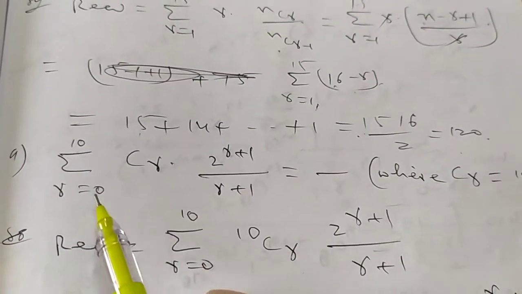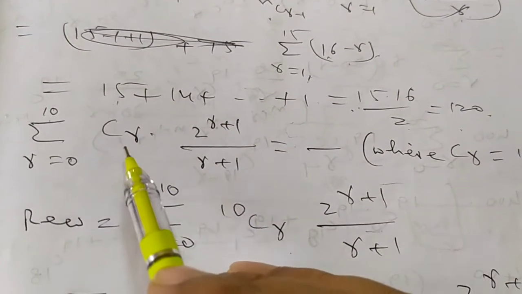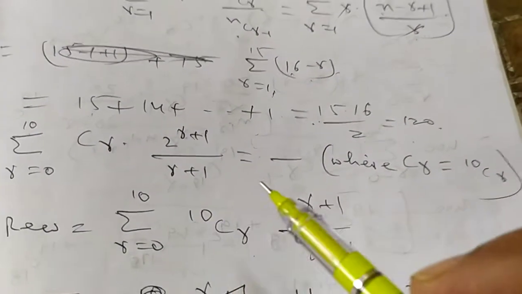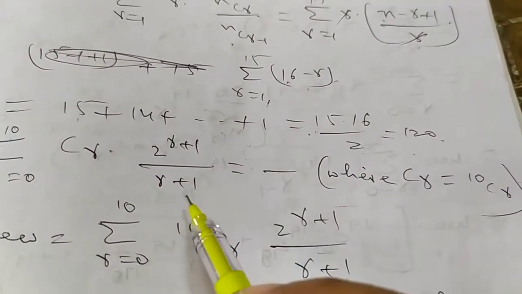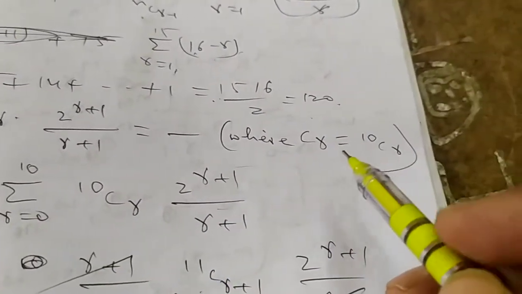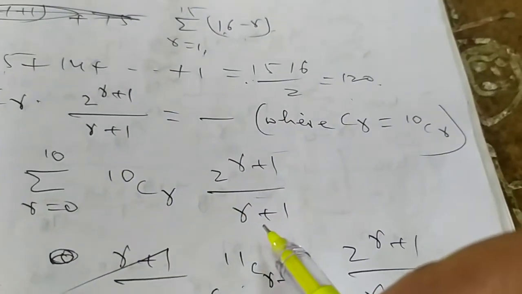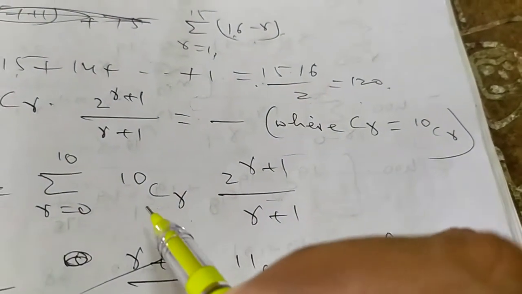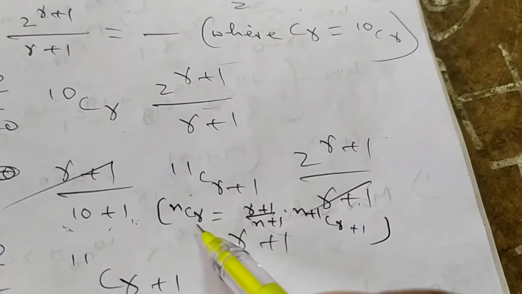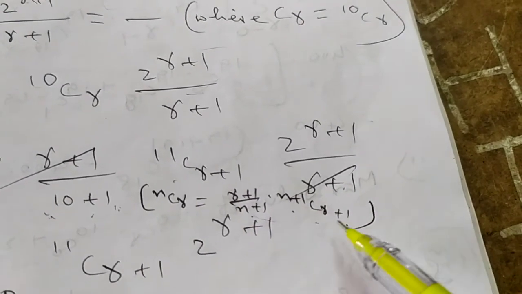See the ninth one. Sigma r equal to 0 to 10 of Cr. Here Cr means nCr into 2 power r plus 1 by r plus 1. So in the denominator r plus 1. Here Cr means 10Cr, given in the bracket. Cr is 10Cr. Okay. So to cancel r plus 1, we use the nCr formula: r plus 1 by n plus 1 into n plus 1 C r plus 1.